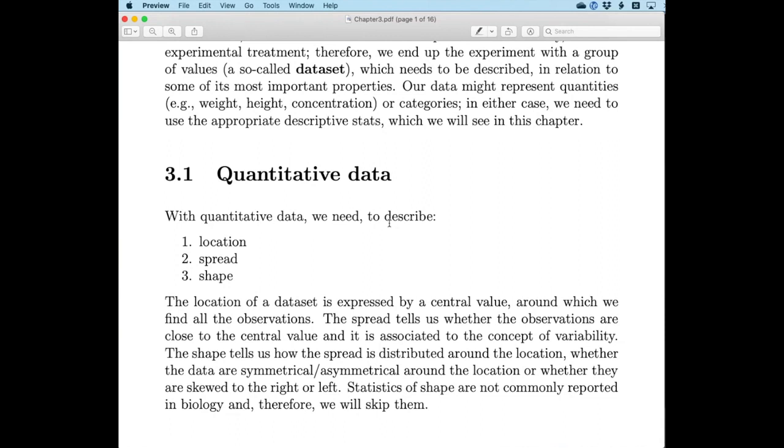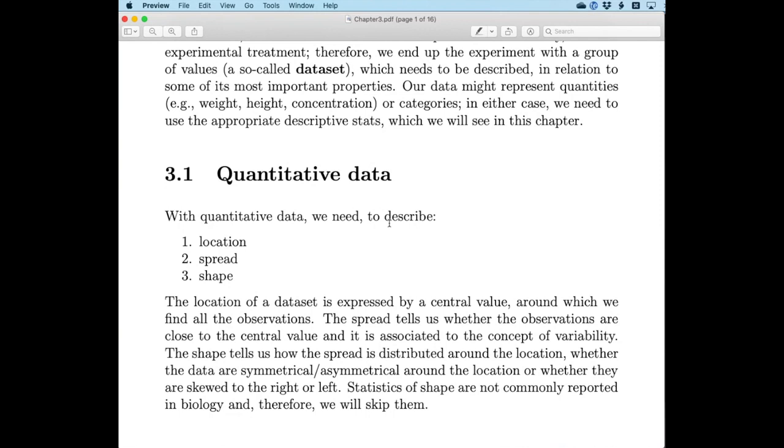And there are basically three properties that we want to describe. And the three properties are listed there. So we have the location of the dataset, we have the spread of the dataset, and we have the shape of the dataset.